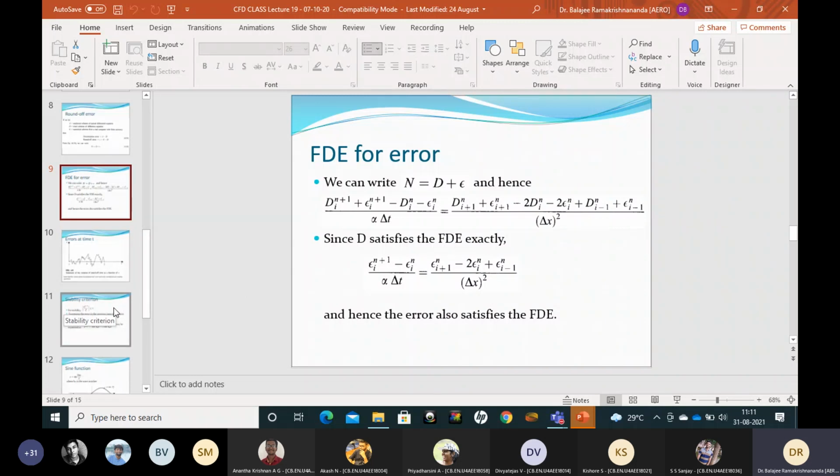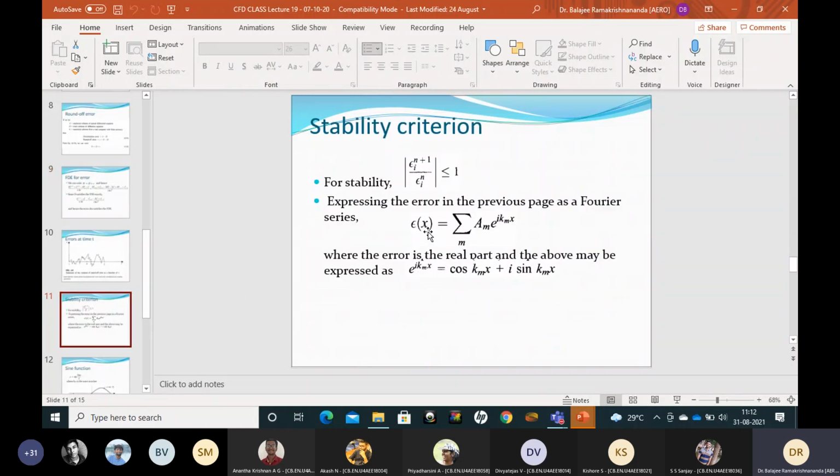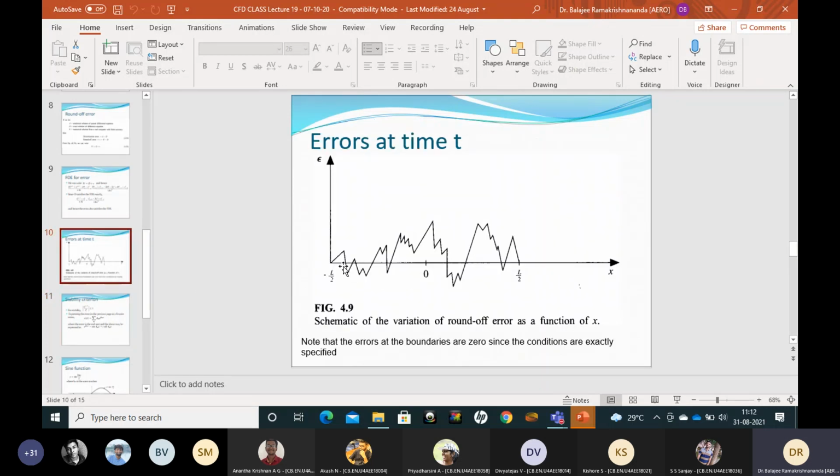So now, here you substitute for the error, epsilon of x. How does the error vary with x? On the y axis you have epsilon at a given time step. At a particular time step, how does the error look? Typically, it may look jagged like this.